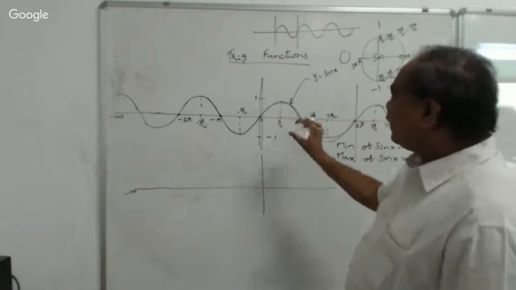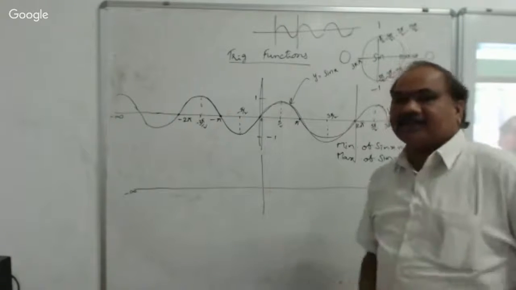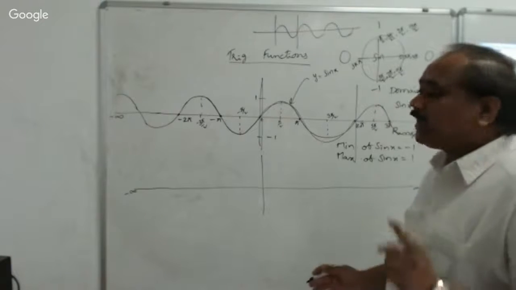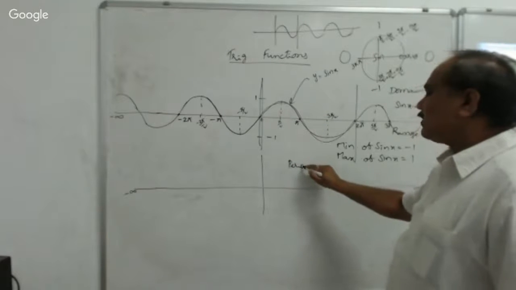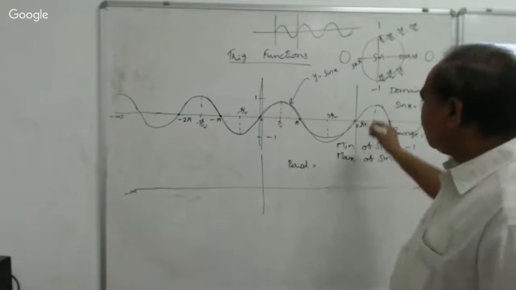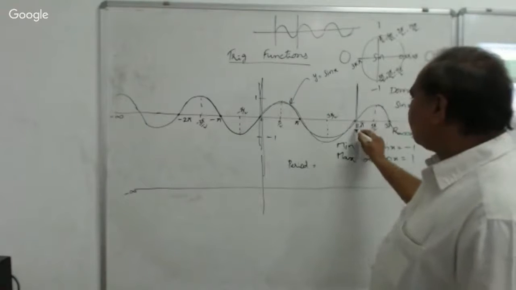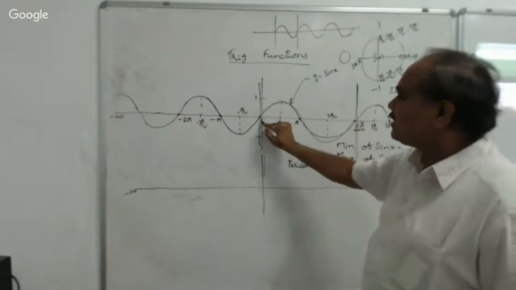The length of the repeated portion of the graph is called the period of the function. Period of the function is this much length that is repeating. That's why its length is 2 pi minus 0.